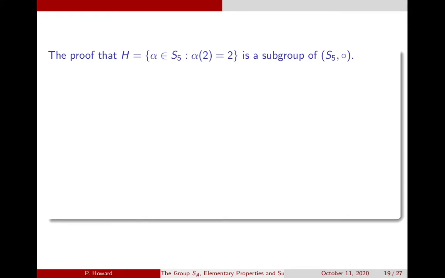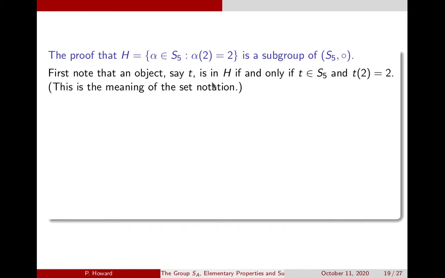Okay, so now back to the proof in our example that H, the set of alphas in S5, such that alpha of 2 equals 2, is a subgroup. Before we actually begin the proof, though, I want to note that an object, I'm just going to call it T, is in H if and only if T is in S5 and T of 2 equals 2.